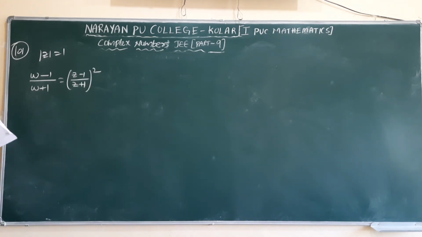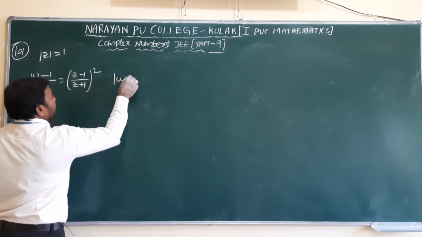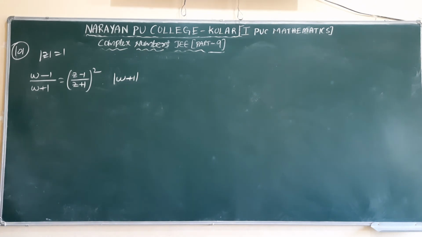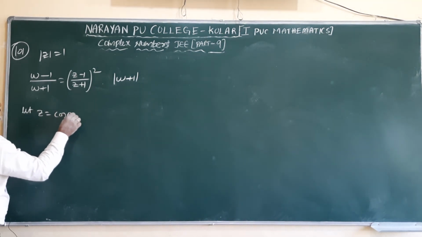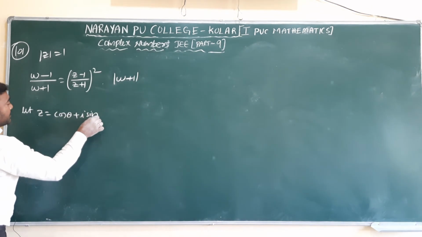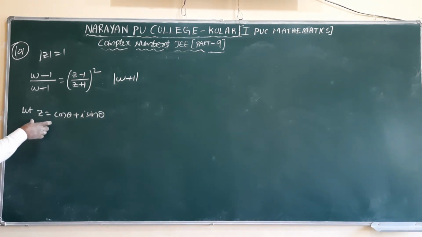Then the maximum value of modulus of omega plus 1 is. Here they have clearly given modulus of z is equal to 1. Let z is equal to cos theta plus i sin theta, so modulus of this also we are getting 1 only.